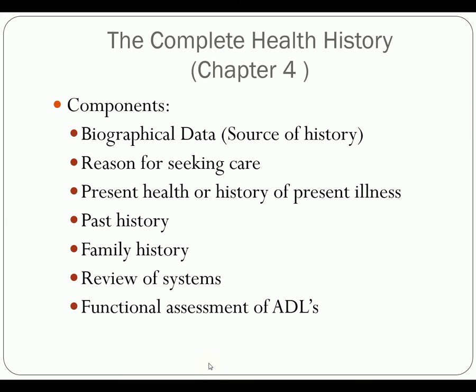The biographical data, source of reliability, and reason for seeking health care is worth 5 points. The biographical data is very easy. Again, this is on page 49. If you look down there, you're going to put their name, address, phone number, age and birth date, birthplace, which will be city and state, gender, marital status, and if they have a partner, and race.